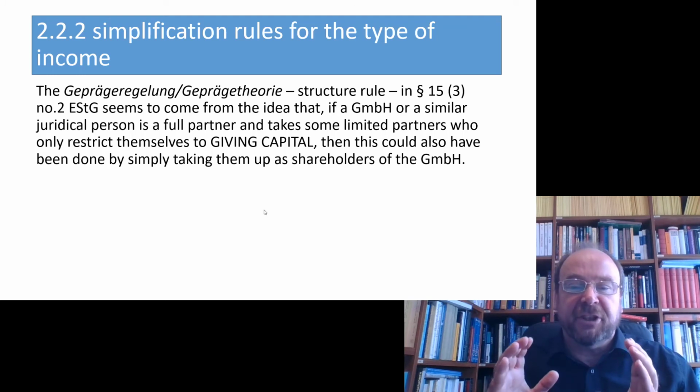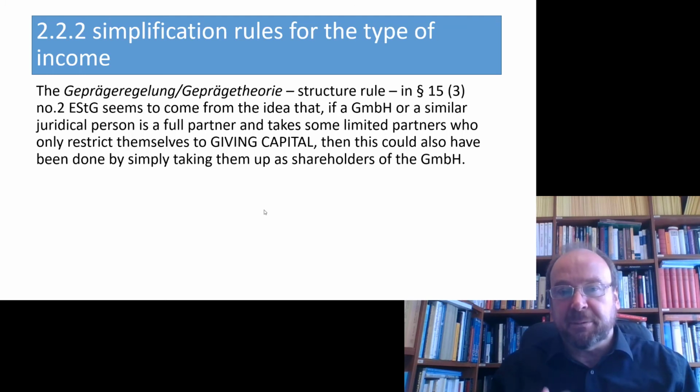Now, if a GmbH or a similar juridical person is a full partner of a KG and takes up limited partners and restricts their role to just giving capital, then this is nothing else than a kind of loophole to escape the 8.2 consequences that everything a GmbH does is business activity.